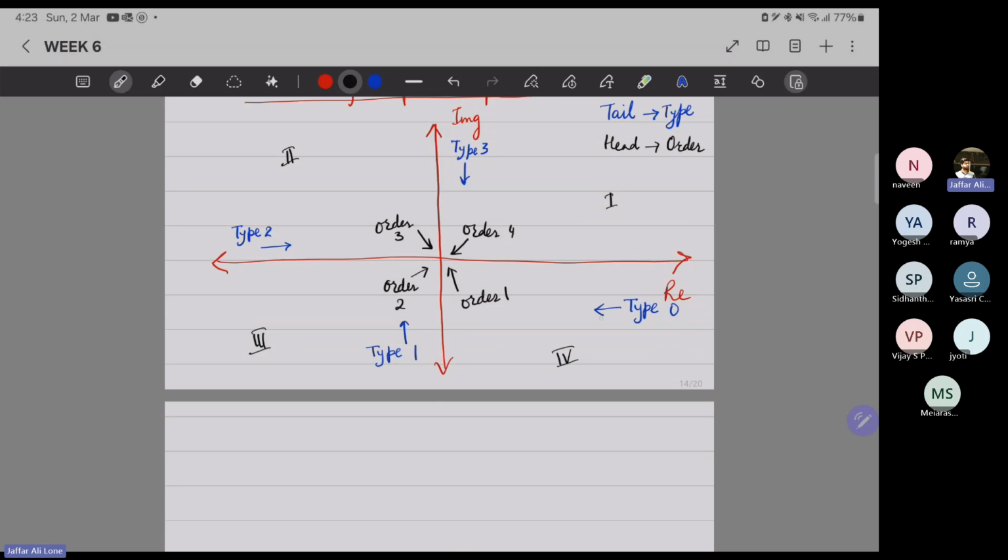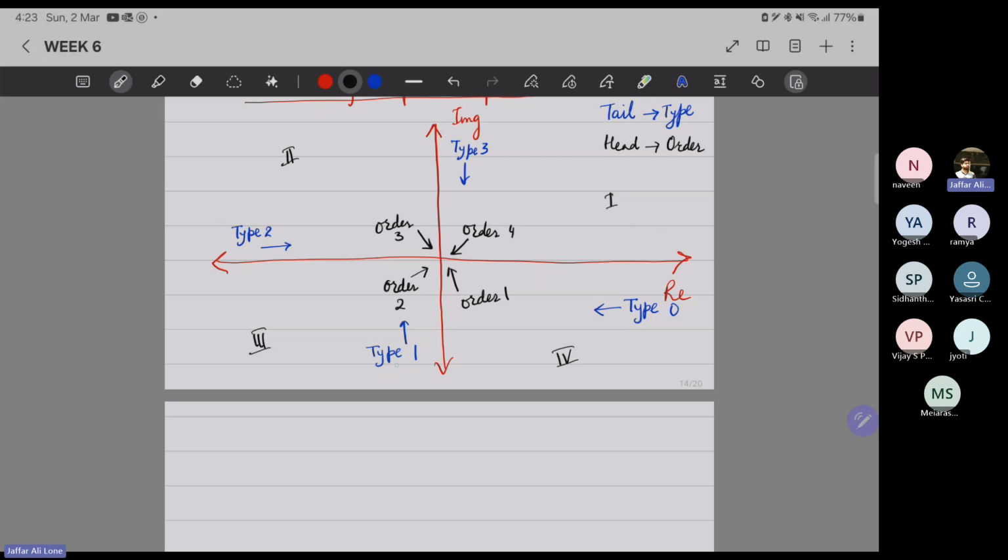It will start and terminate in the same quadrant. If I have a type 0 and order 2 system, it will start in quadrant 4 and terminate in quadrant 3.